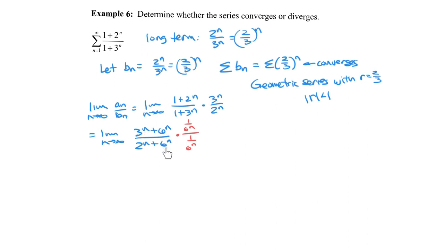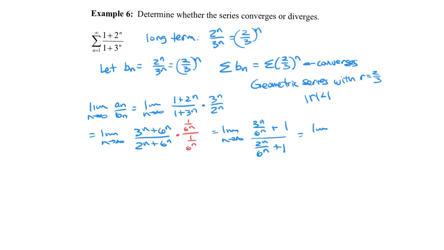They all have the same exponent. So if I distribute this through here, we'll get something that will be easier to work with. If I distribute that through, I'm going to get 3 to the n over 6 to the n plus 1, and on the bottom, in the denominator, 2 to the n over 6 to the n plus 1.